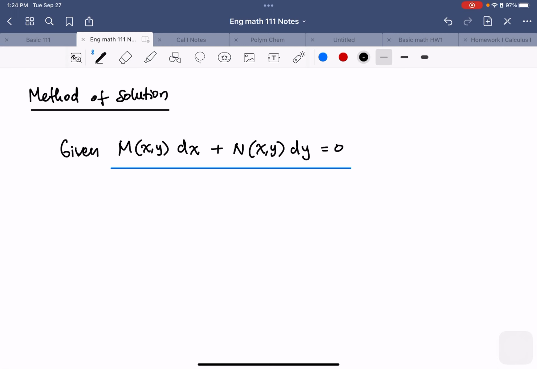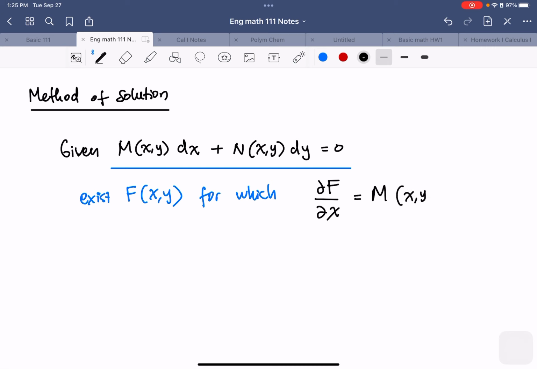And we say that there exists a function of x, y, or maybe, to make it the same as the previous one, F with capital F, for which we define that partial F, partial x is equal to M.